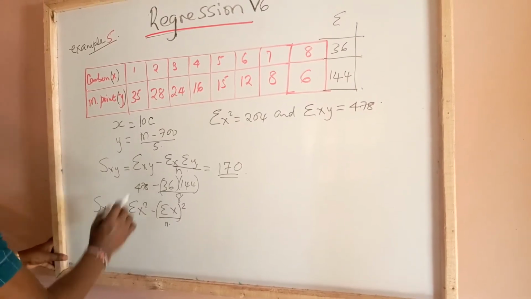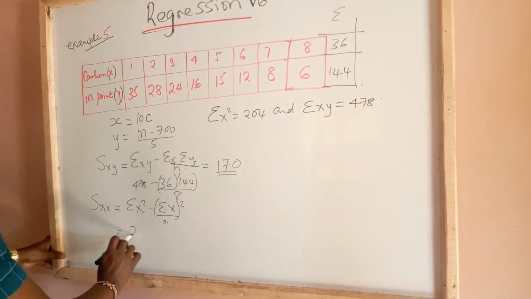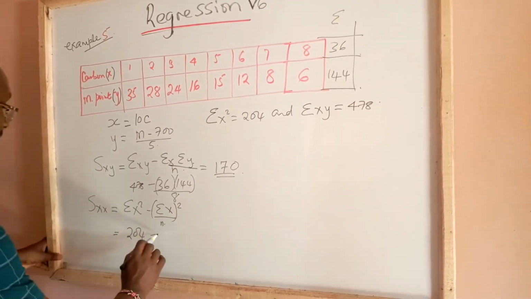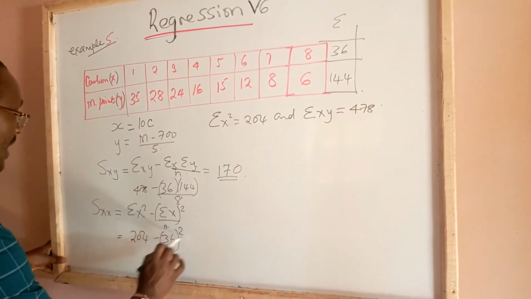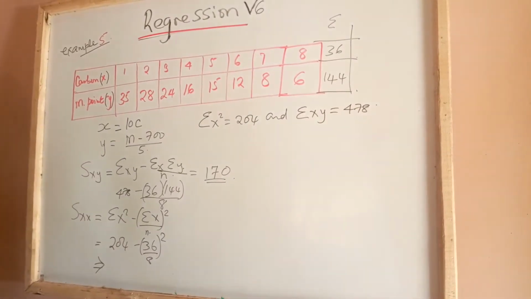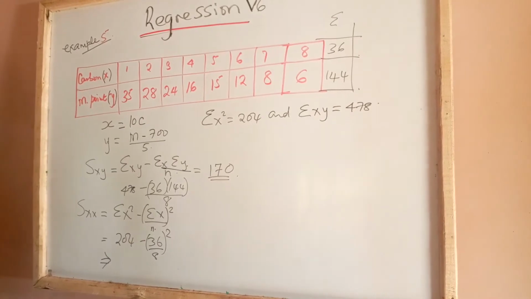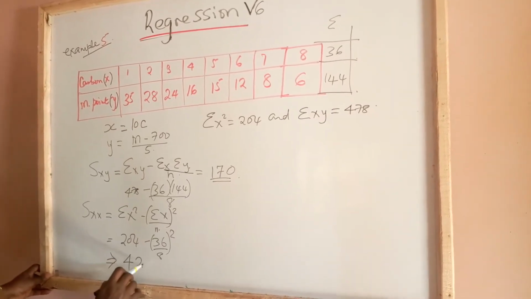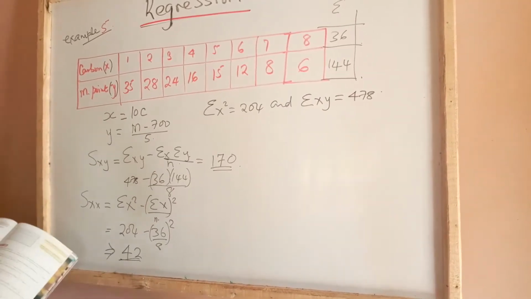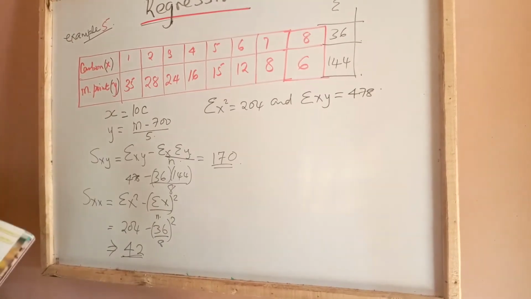Just substitute this and have sigma x squared, which is 204, minus sigma x, which is 36 squared over 8. And this one is simply giving us 42. Just confirm that as well.